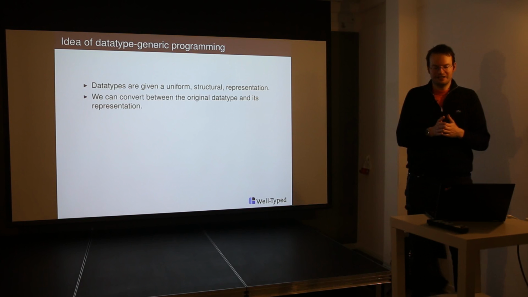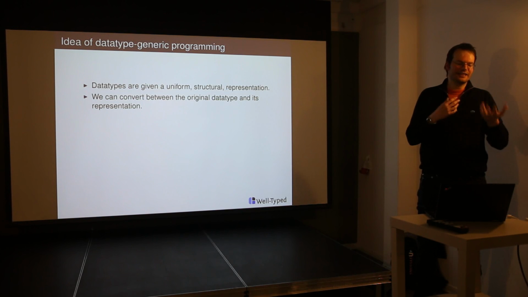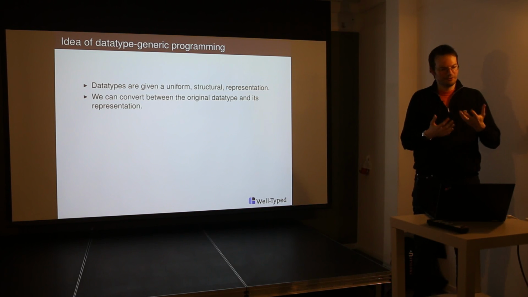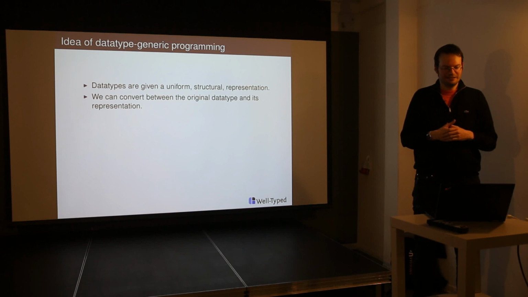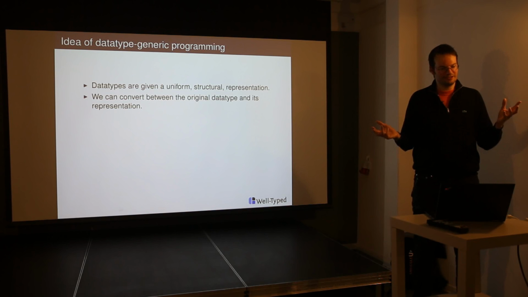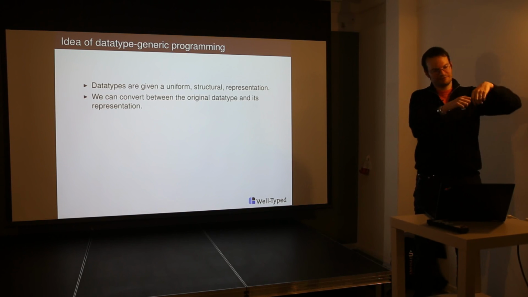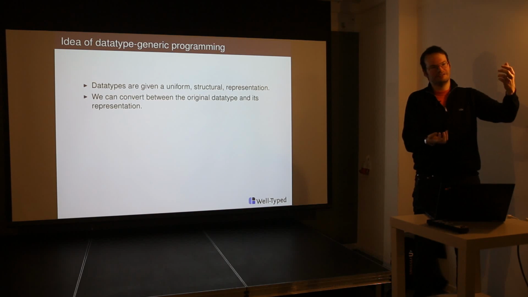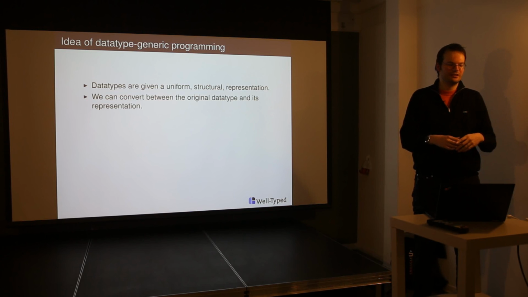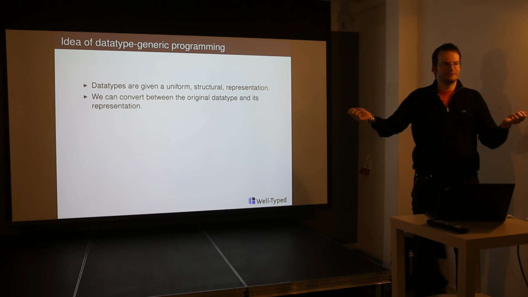Haskell data types essentially do two things. They define something which is structurally always very similar, in the sense that you always define a data type to be a choice of one of several constructors, and every constructor is just a sequence of fields.